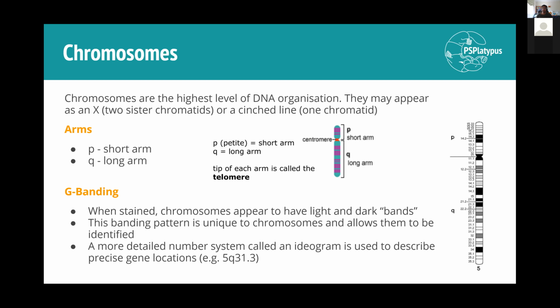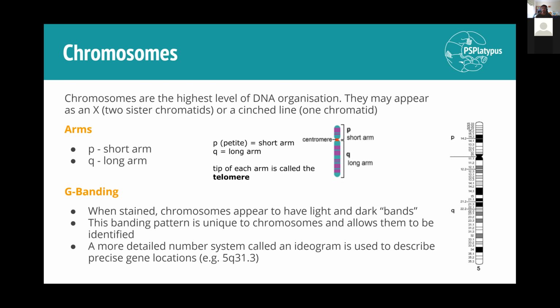So they're like a buffer. We can lose this much material before we start to actually lose important genetic material. Shorter telomeres are correlated with more genetic errors, and longer telomeres are correlated with longevity. That's an area of ongoing research. But what you need to remember is telomeres are on the end, P is for the short arm, and Q is for the long arm.